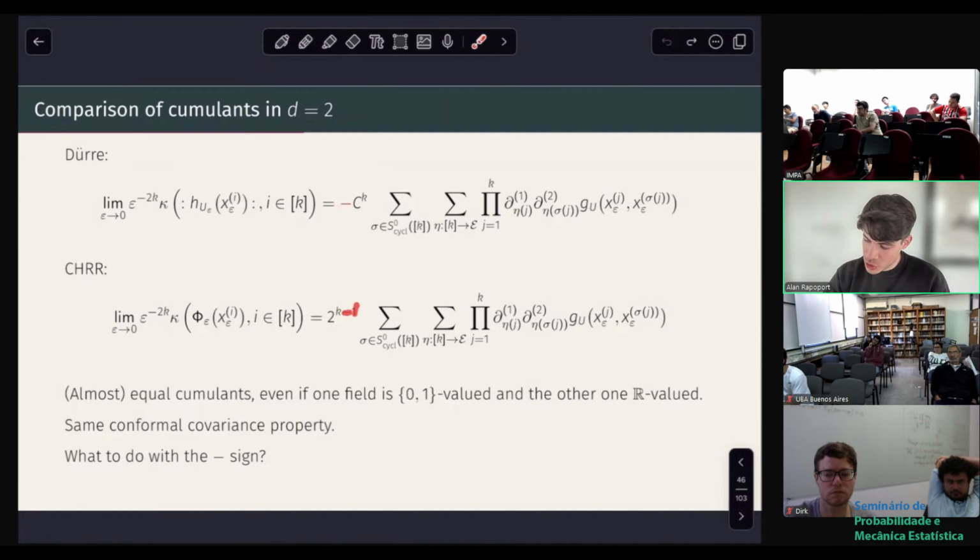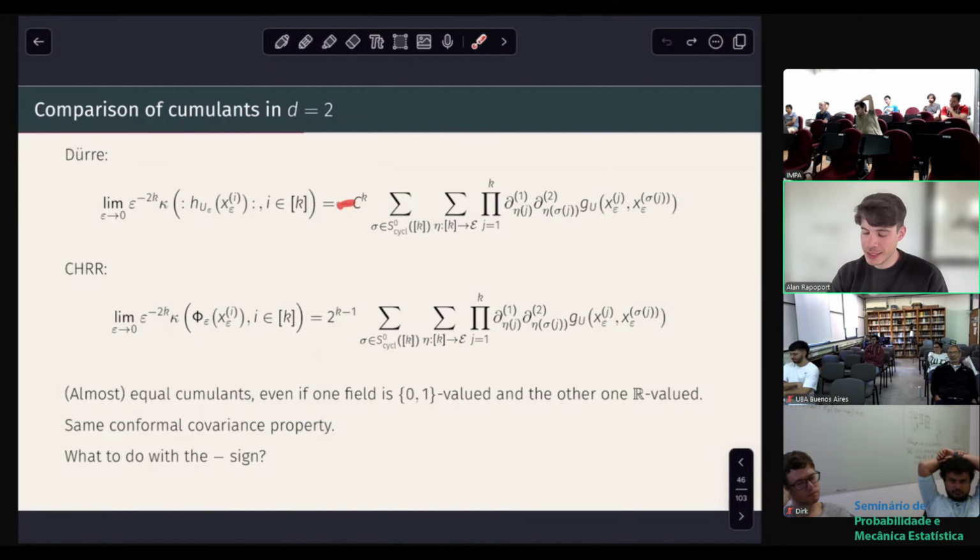This minus one over here, so basically the 1/2 remaining, is also non-trivial in the sense that it will interfere not just by multiplying this by 1/2, but in a more convoluted way. But there is a way around that. The most important thing, at least for us, is this minus over here. And that's basically the thing that struck us at the beginning and why we started to study this.